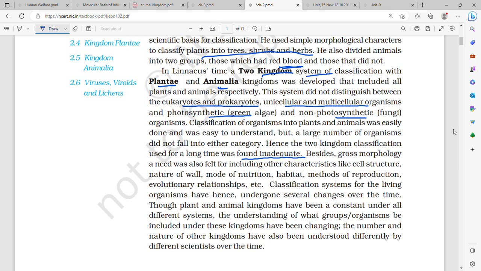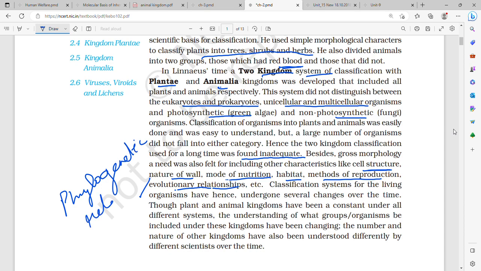Besides gross morphology, there was a need to include other characteristics as well, such as cell structure, the nature of the cell wall, the mode of nutrition, habitat, method of reproduction, and most importantly, evolutionary or phylogenetic relationships, that is relationships between the same ancestors, as we saw in evolution.